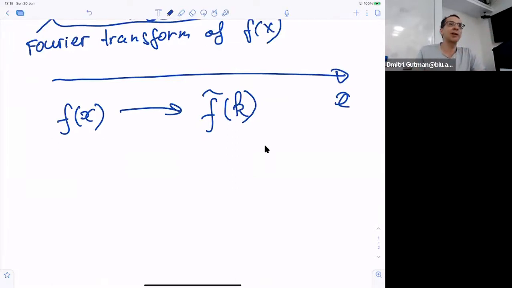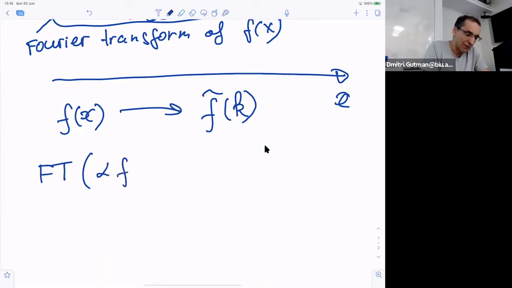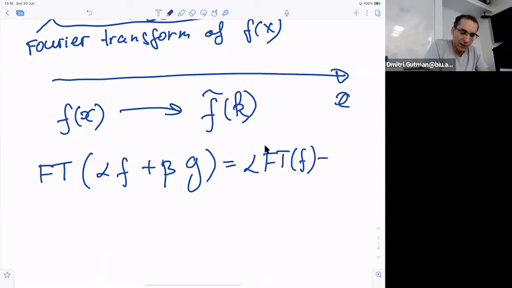First of all, this Fourier transform is a linear transformation. So why is it a linear transformation? Because, well, if we compute Fourier transform of, I don't know, two functions, say alpha times f plus beta times g, this will be, of course, equal to alpha Fourier transform of f plus beta Fourier transform of g.